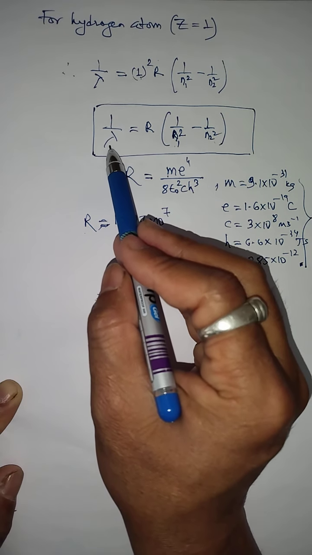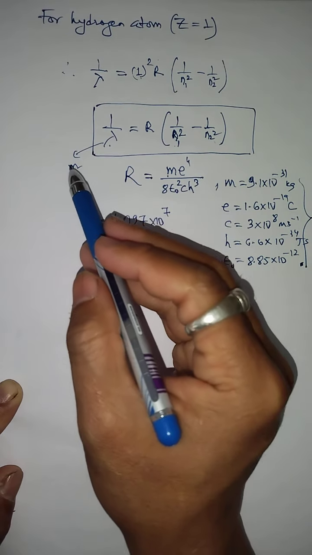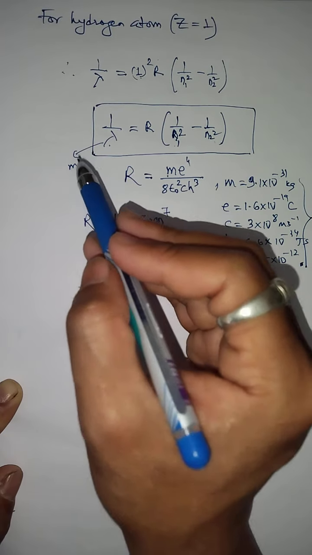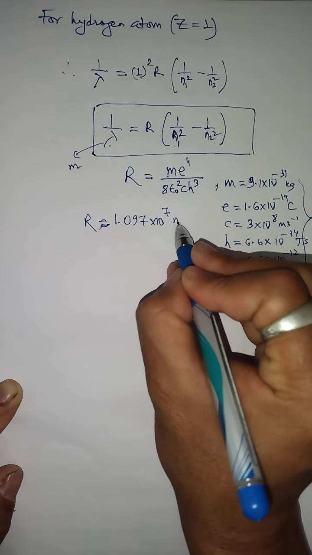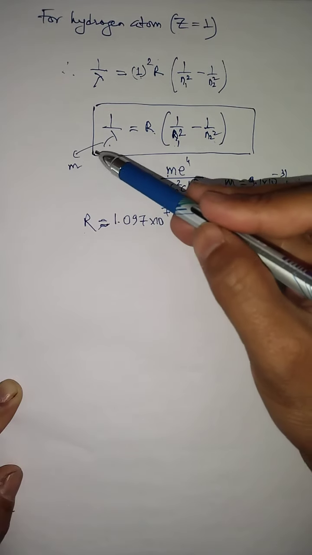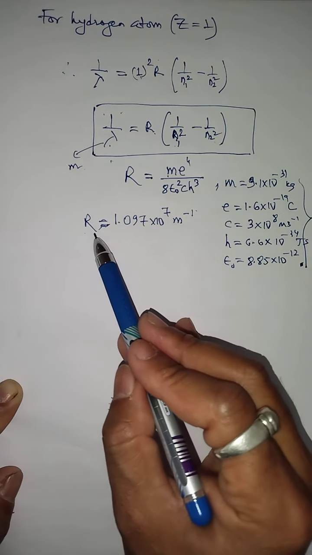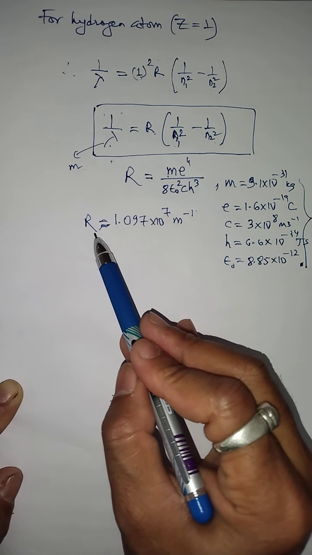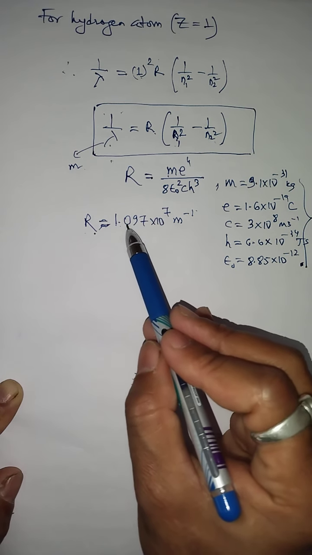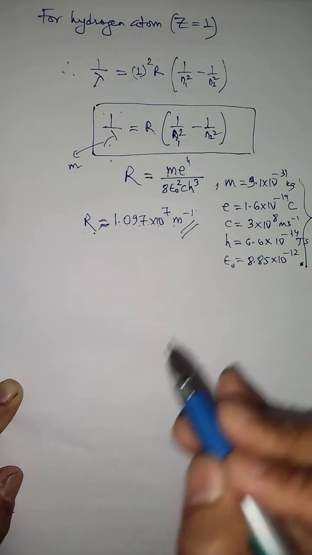But lambda has a unit. And you know what the unit of wavelength is? Meter. So if meter is in the denominator, and I take it to the numerator, then it is per meter. So remember, the unit of R is per meter. So the Rydberg constant is approximately 1.097 into 10 power 7 per meter. So this is the value that we take.